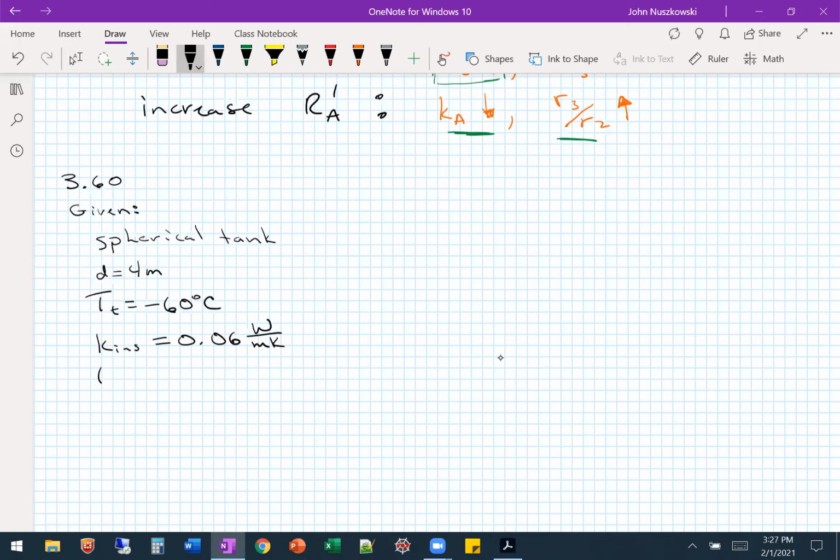The thickness ends up being 0.25 meters. T infinity is 20 degrees Celsius. The convection coefficient is 6.